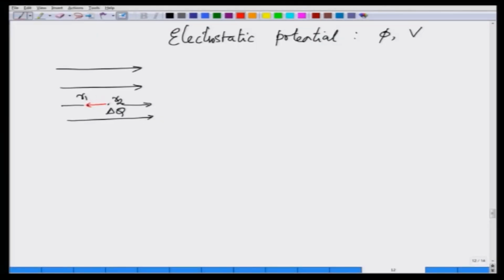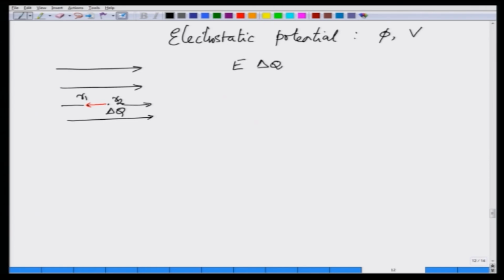Now, I know that if I just keep the test charge at the position R2, since the electric field is directed to the right, the charge would have simply accelerated to the right, because if I have a test charge delta q, there will be a force acting on this and the force will be E times delta q, correct.